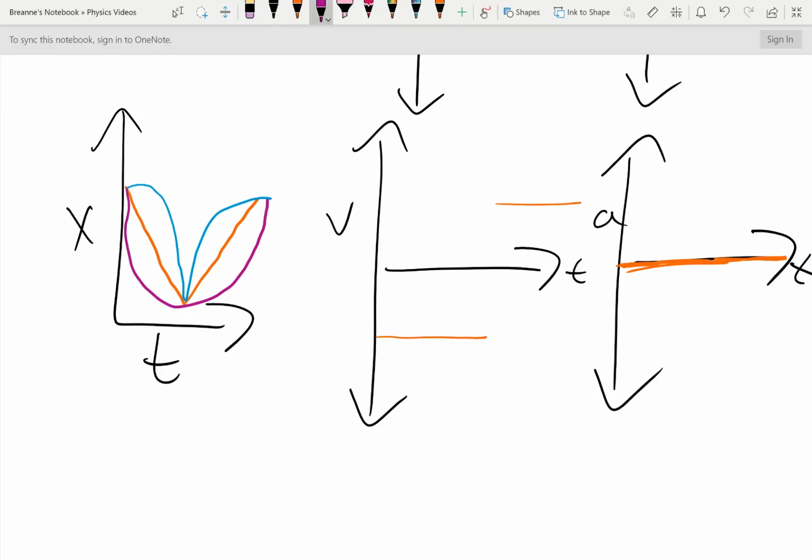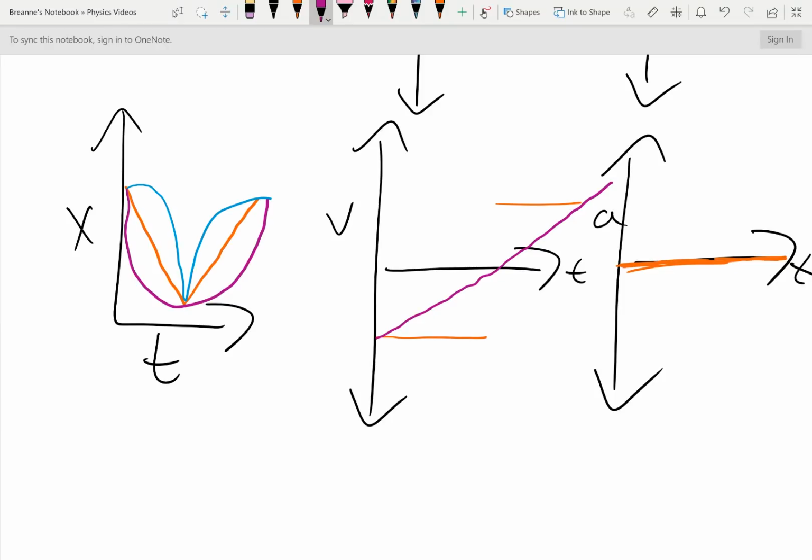Now for the purple one, as you said, you're going from vertical to horizontal, so you're slowing down and then speeding back up. You're slowing down in the negative direction, so you're going to the 0 line or the timeline, and then you're speeding back up in the positive direction. So it's just a straight line.